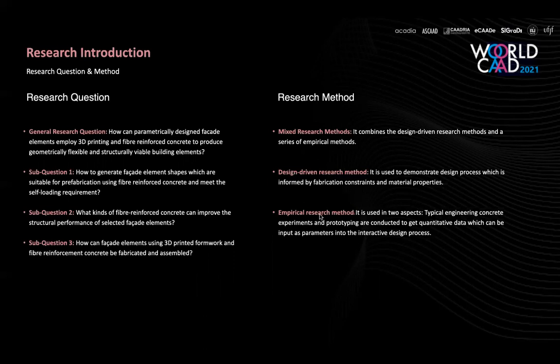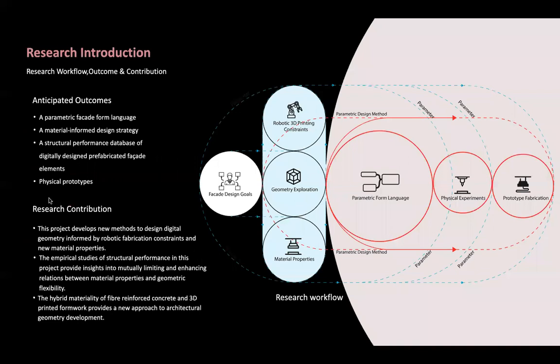The empirical research method is used in engineering experiments and prototyping process to get quantitative data to inform the initial designs. The anticipated outcome include a parametric facade form language and material-informed design strategies, physical prototypes, and their structural performance database.